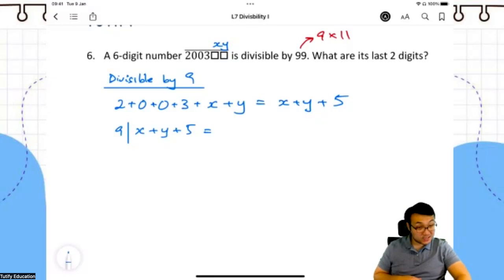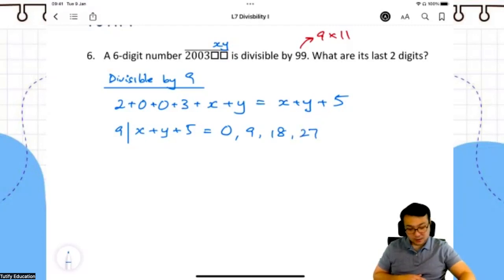Yes, but we usually start from the small numbers. We usually start from 0 because 0 can be divided by anything. So we always try to start from the smaller numbers. Tell me what is after 0 that can be divided by 9? 9. What else? 18. 27. Okay, very good.